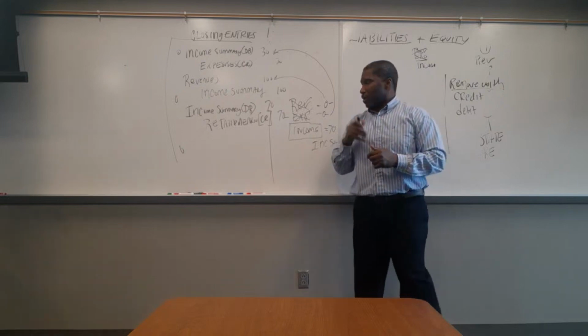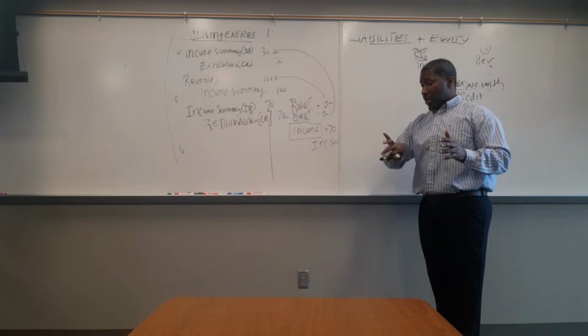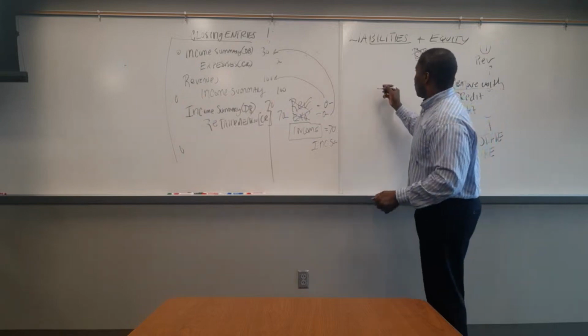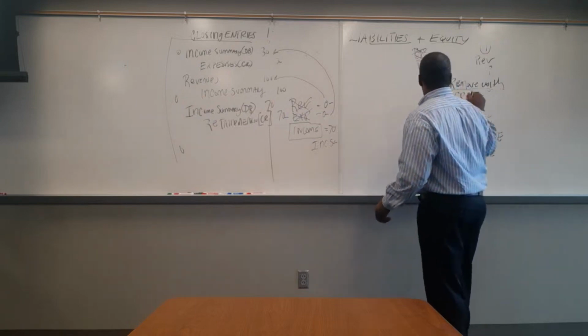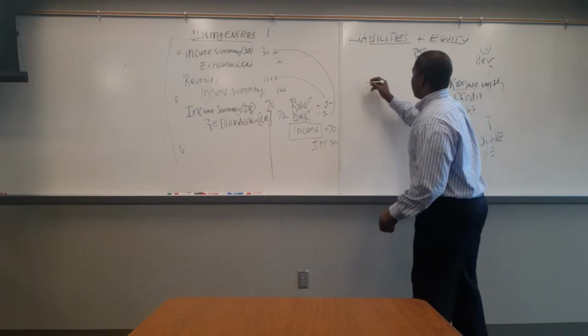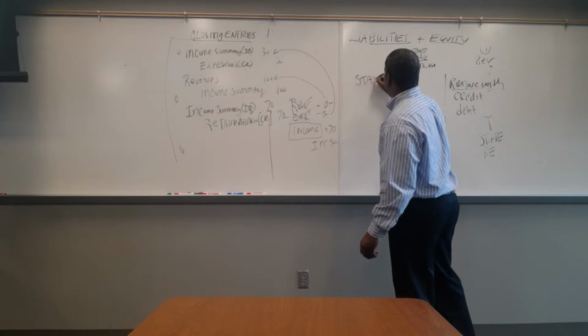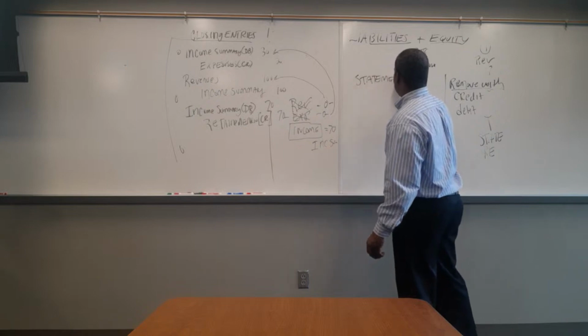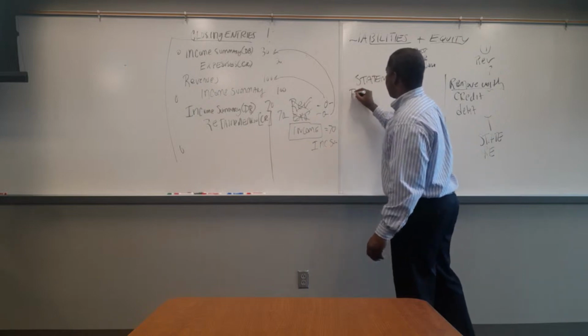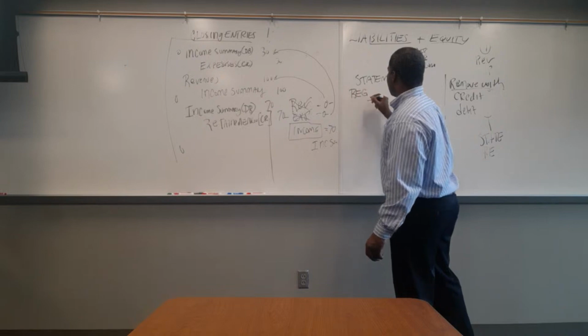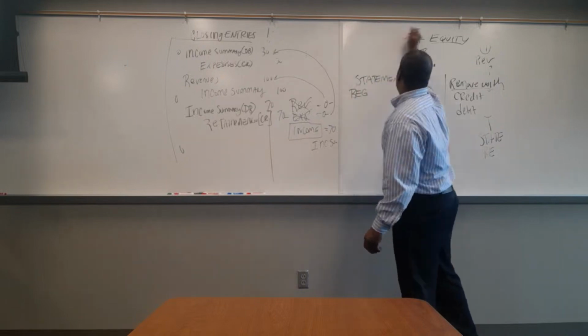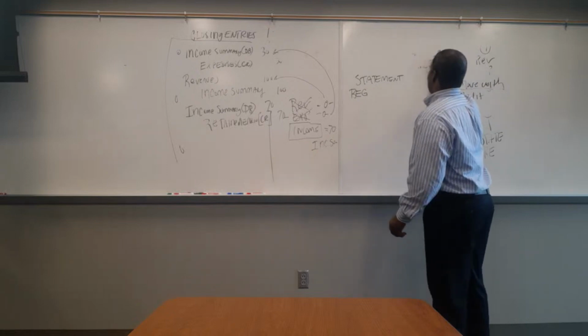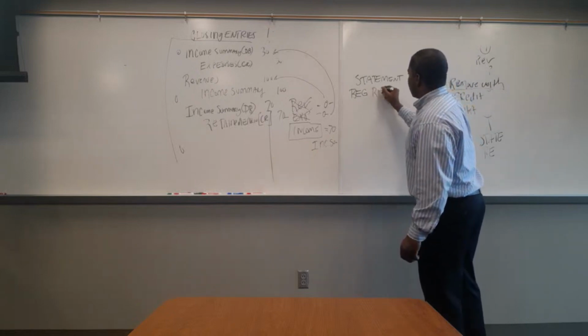Now, we already know that anytime they say they're going to pay dividends, we're going to do what? Let me put it this way. Statement of retained earnings. This is what we're used to seeing. Let's write this first. Statement of retained earnings, we have a beginning balance. We'll move this so you won't think it's a liability or anything. We have beginning retained earnings.